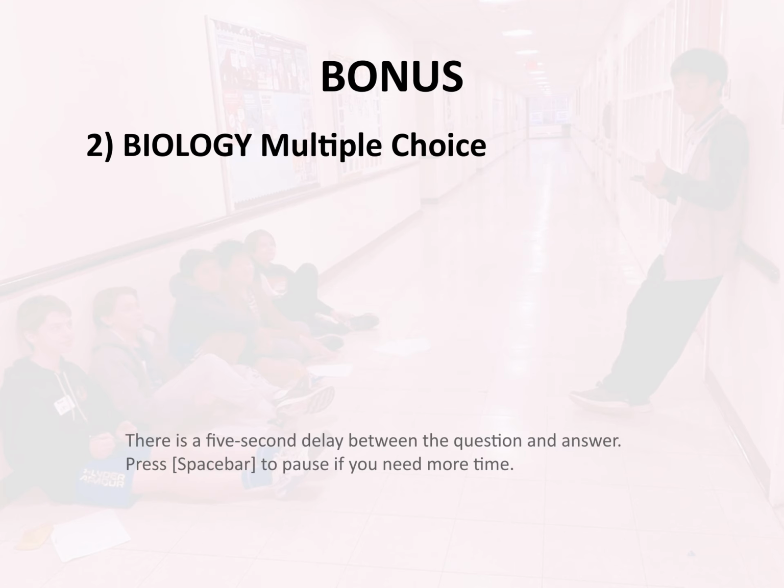Bonus 2. Biology. Multiple choice. Tunicamycin is a drug produced by some bacteria. It is used as a tool by molecular biologists because it induces eukaryotic cells to arrest at the G1 checkpoint of the cell cycle. Using this information about tunicamycin and your knowledge of the cell cycle, which of the following would you expect to observe in a tunicamycin-arrested cell?